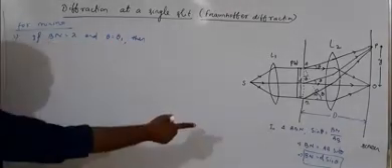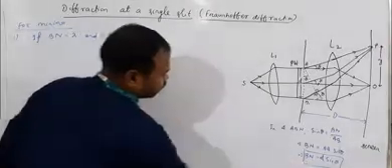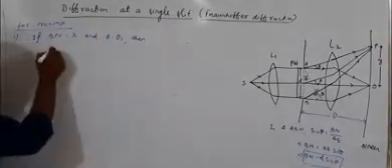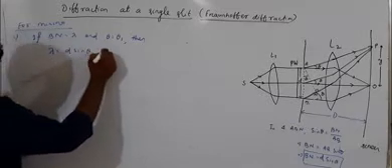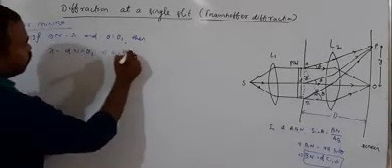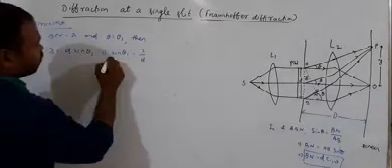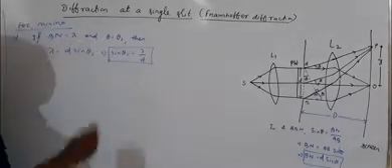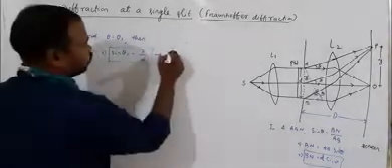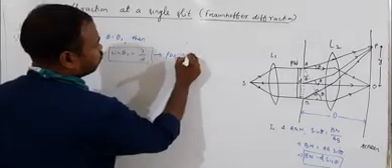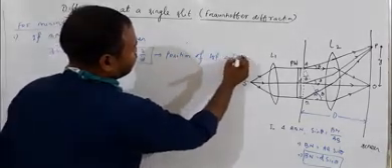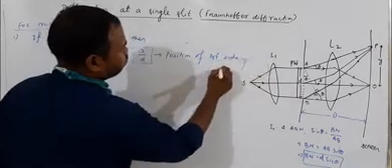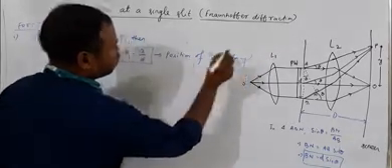Then what can we write here from this equation? Now BN means lambda is equal to d sin theta 1, or sin theta 1 is equal to lambda by d. So this is the position of the first secondary minima.